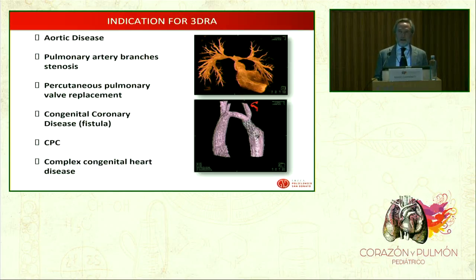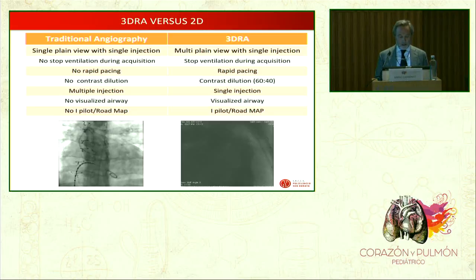Well, what are the indications for doing 3D rotational angiography? Briefly, complex arch problems, pulmonary branch stenosis, or some catheter interventions like pulmonary valve replacement, coronary artery disease, partial cavopulmonary connections, etc. In traditional angiography, you have a single plane with a single injection.